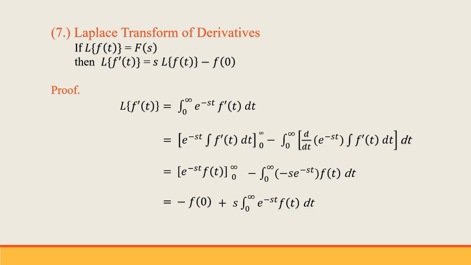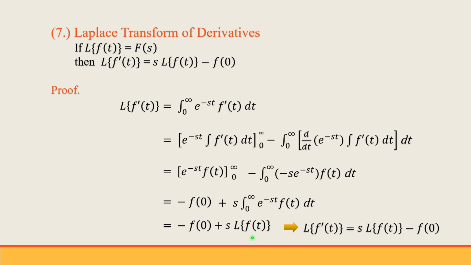The integral 0 to infinity e raised to the power minus st into f(t) dt is the Laplace transform of f(t). So we can write it as s into Laplace transform of f(t), and thus we get the Laplace transform of f'(t) as s into Laplace transform of f(t) minus f(0).